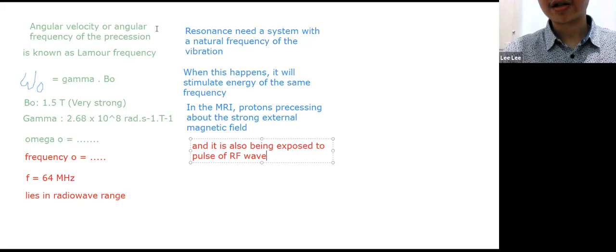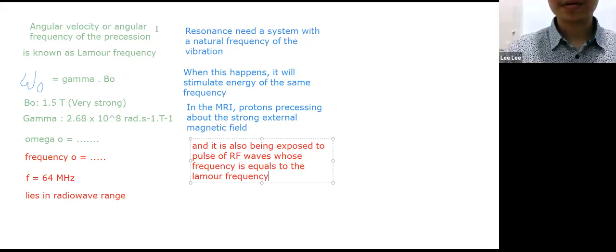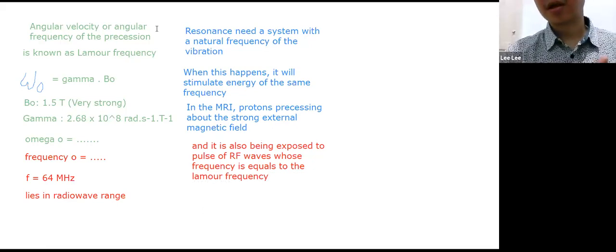RF wave, radio frequency wave, whose frequency is equal to the Larmor frequency. So just now I told you, when you use this MRI, you allow the patient to lie inside the machine. You switch on the electromagnet, and at the same time, you should apply electromagnetic wave, which is the radio wave. Why radio wave? Because the radio wave frequency is the same with the Larmor frequency that you have calculated here.